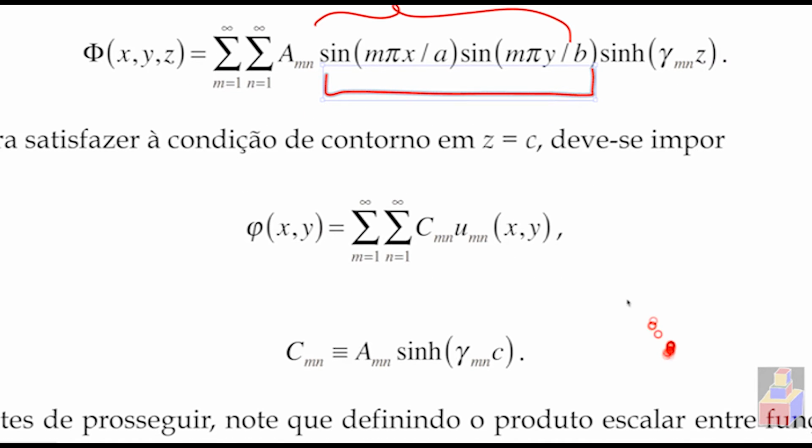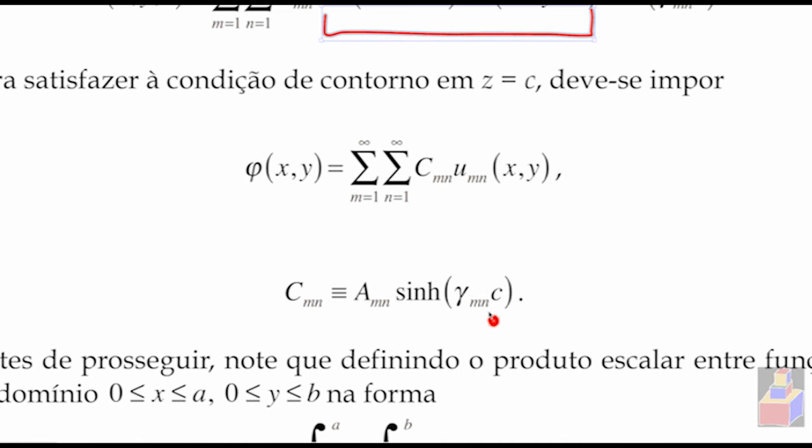So again, we make a definition that Cmn is a times the constant at z equals c.